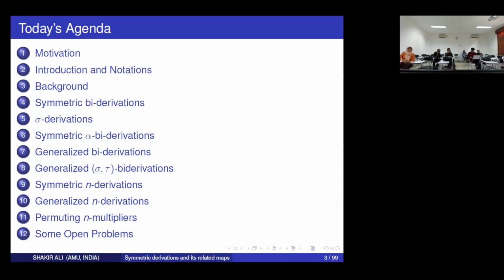Then symmetric bioderivation, sigma derivation, symmetric sigma bioderivation, generalized bioderivation, generalized sigma-tau bioderivations, and then the extension of derivations. Again, generalized derivations, then some other types of conjugate derivations. And finally, we will conclude with some problems based on this.